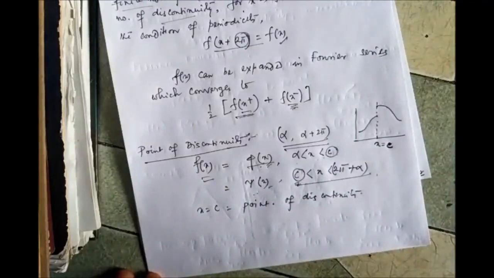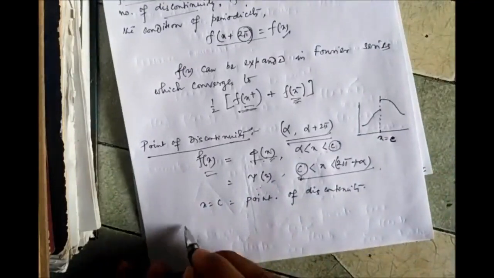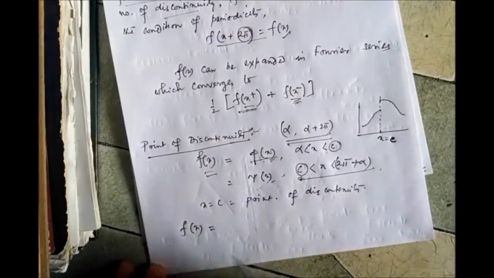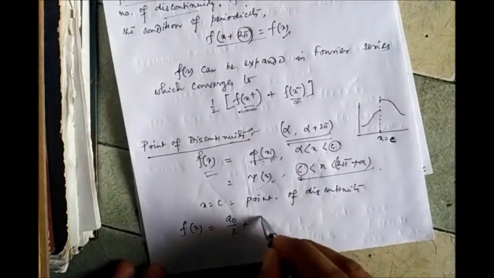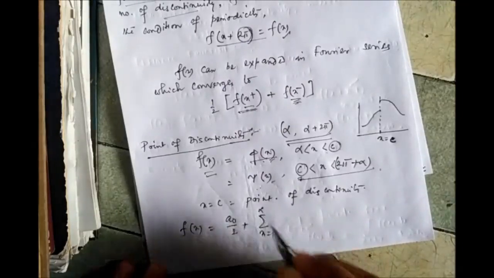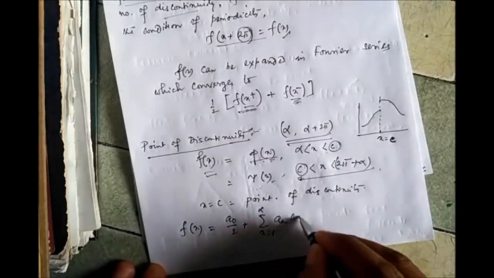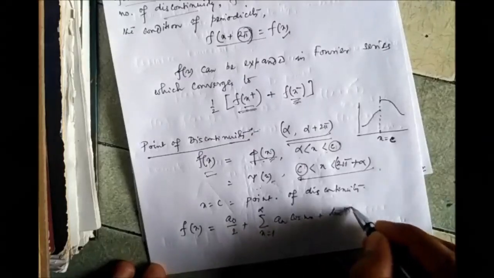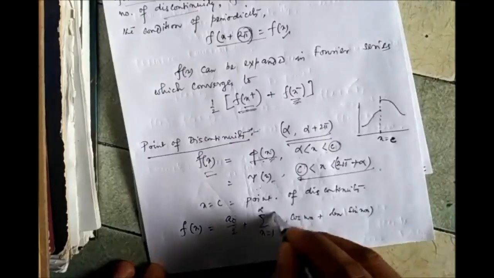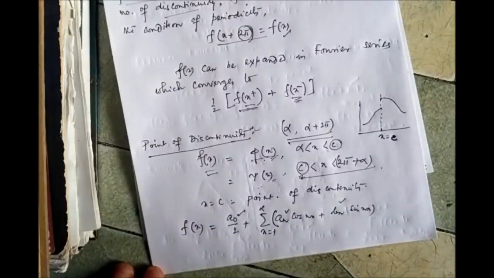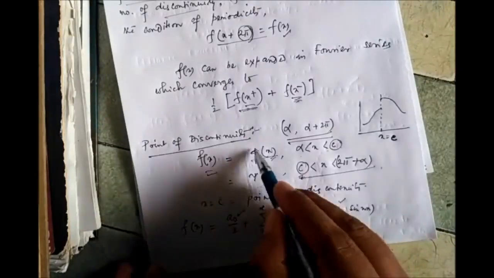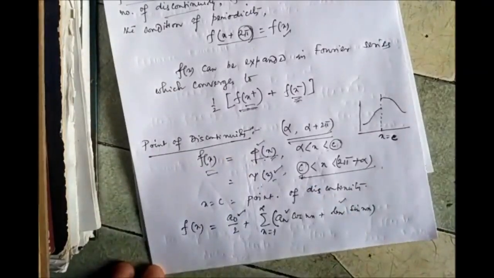So f(x) in that case can be expanded in a Fourier series, but the derivation of the coefficients depends on both the functions phi(x) and psi(x) at the point of discontinuity.